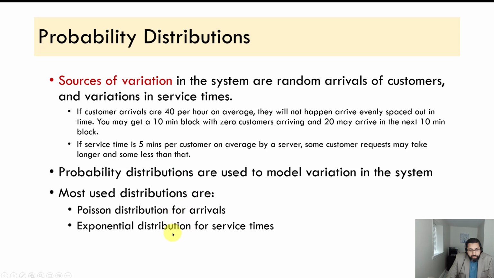If you notice, Poisson and exponential distributions are related. Actually, to be precise, the distribution for service times is a negative exponential distribution, because as you increase the amount of time taken, the probability of a customer taking more and more time decreases. You get very few customers that take 5 times the average time, for example.